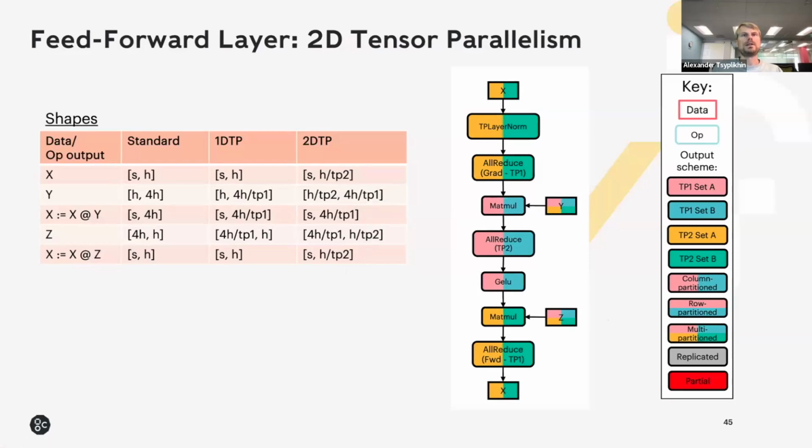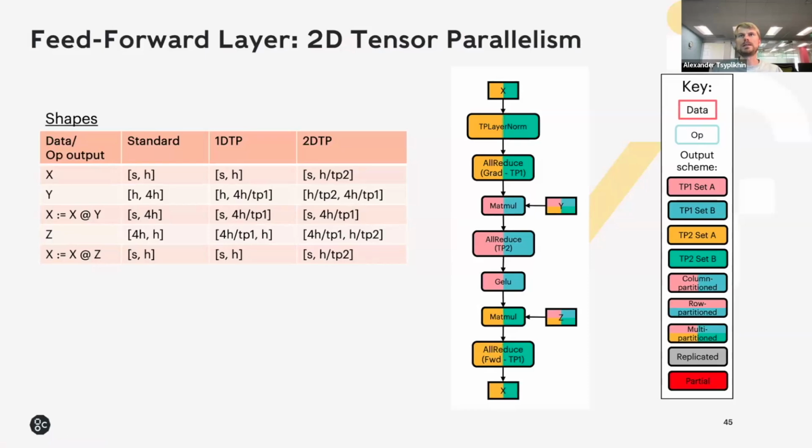And the multiplications will be producing smaller matrices. This additional all reduce in between. And with that, you will end up with a similarly sharded set of activations at the end of this pipeline.